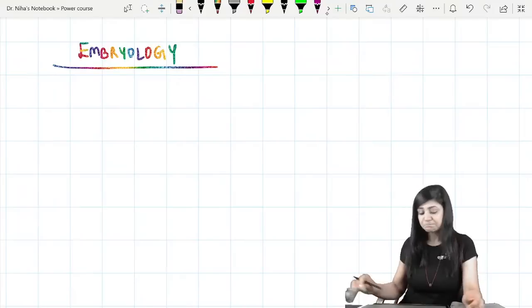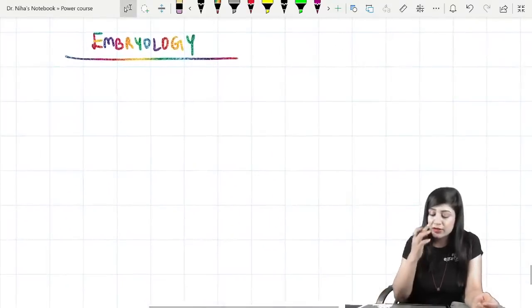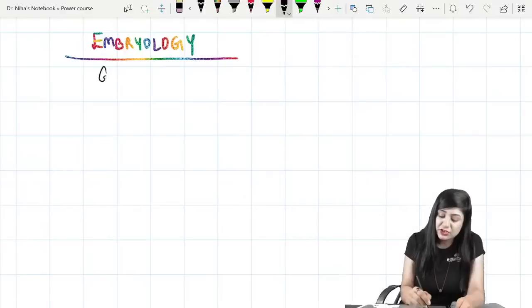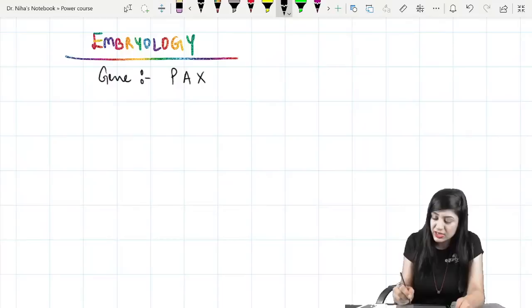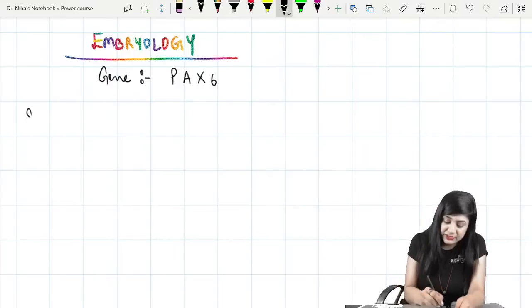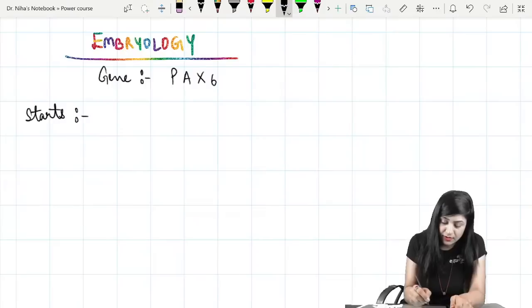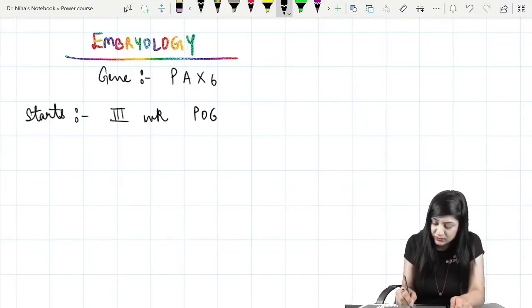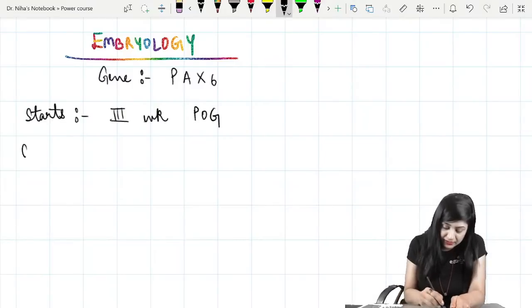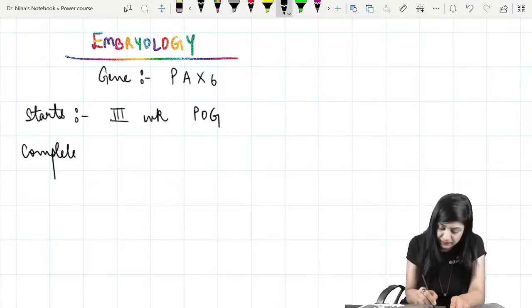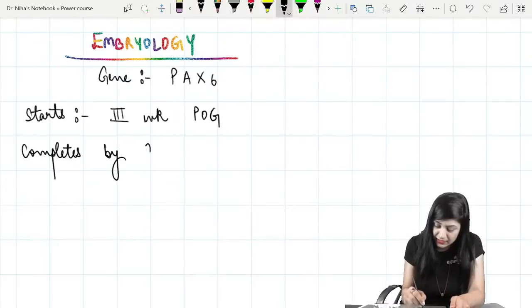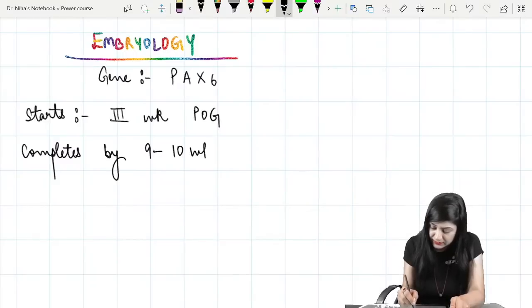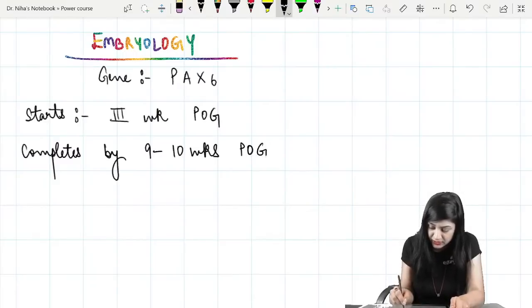Speed is fine. Coming towards the embryology, the gene which is responsible for the development is the PAX6 gene. It starts at the 3rd week, period of gestation, and it completes by 9 to 10 weeks, period of gestation.